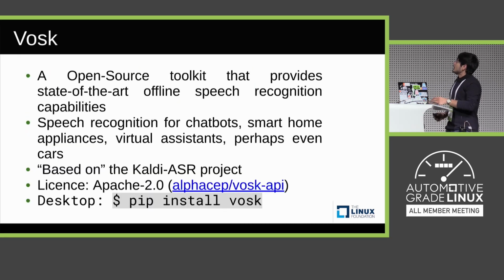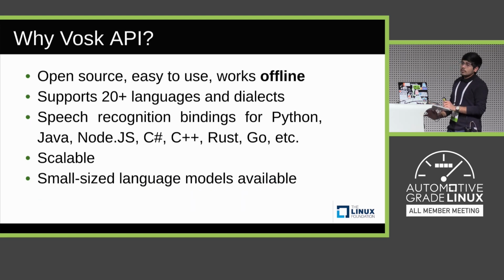So it's pretty easy to use. It's offline. It has bindings available in numerous programming languages. And yeah, it has language models available in a lot of different spoken languages and dialects.